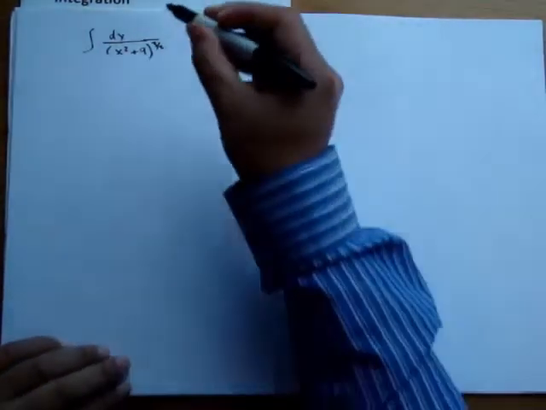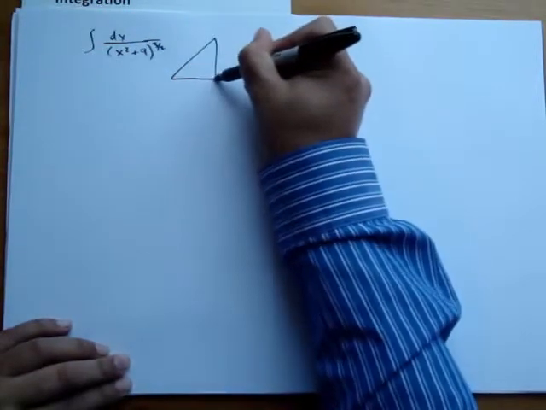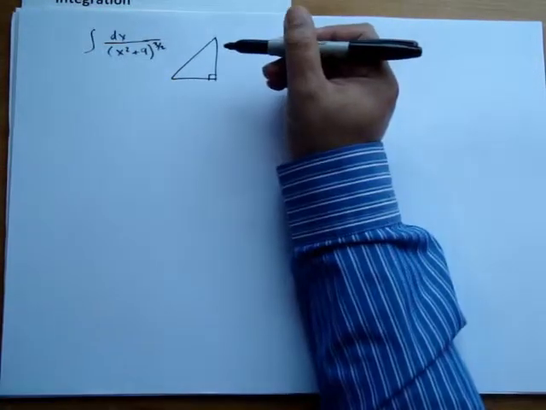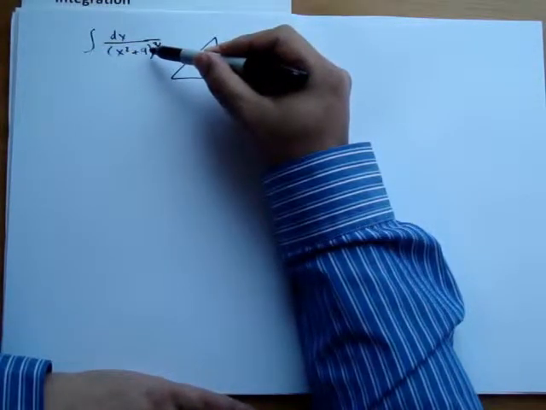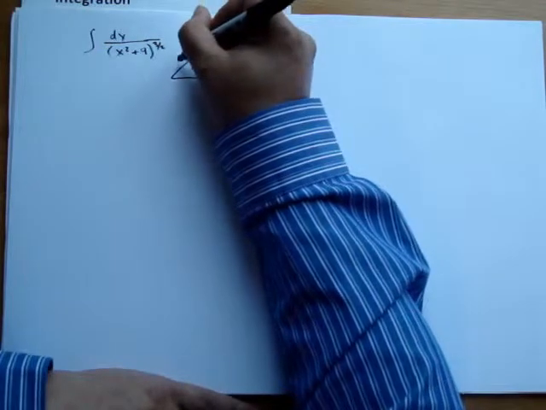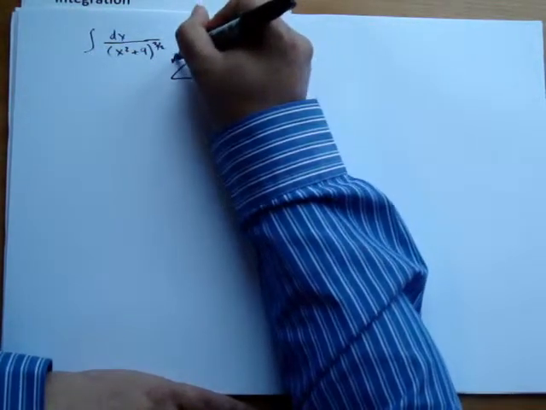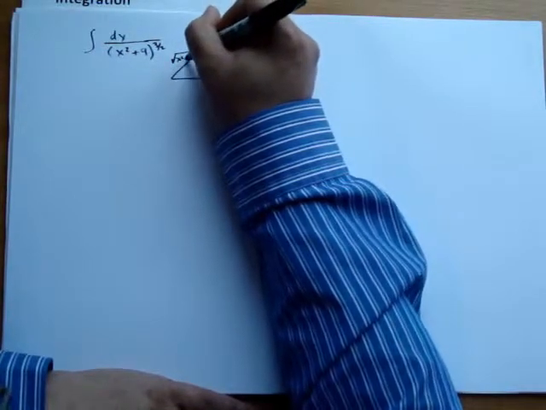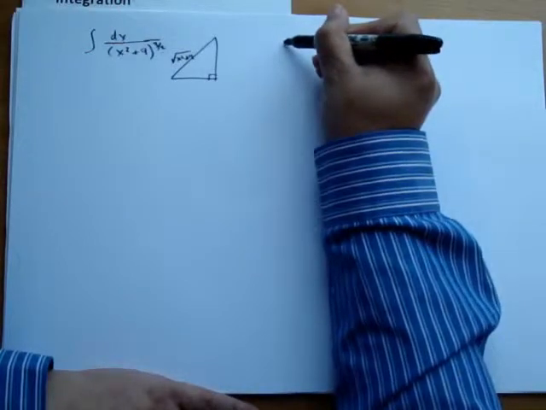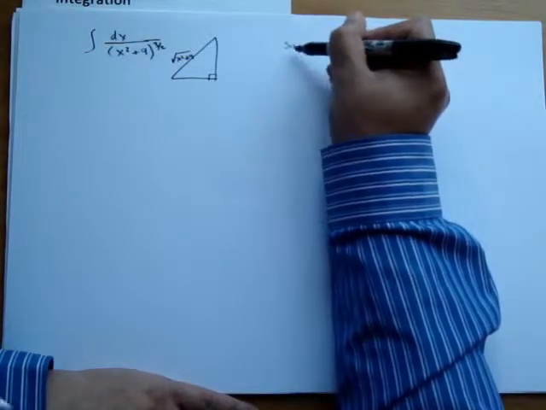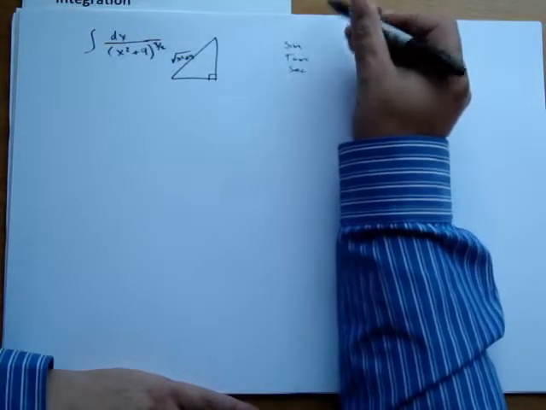So let's draw our reference triangle. This is going to be our hypotenuse. So that'll be square root of x squared plus 9. Now we need to work out whether it's sine substitution, a tan or a secant.